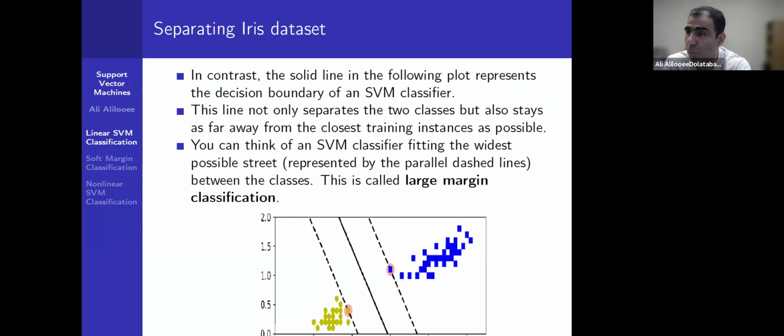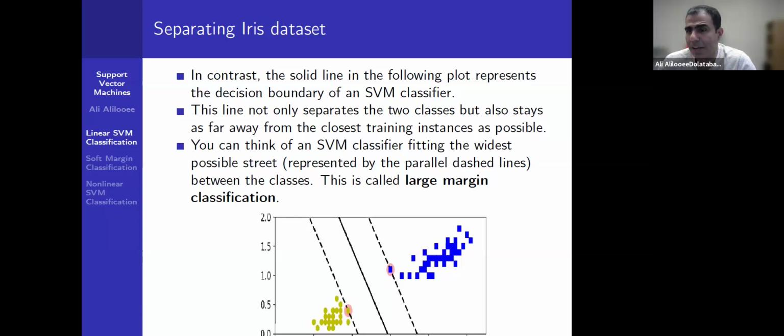This line not only separates the 2 classes, but also stays as far away from the closest training instances as possible. If you look at the closest instances from each group, for example this one and this one, this line is the farthest possible line that you can draw to separate this dataset into 2 different sets.